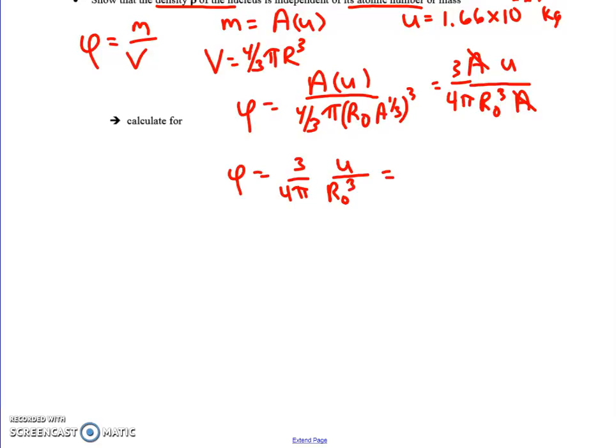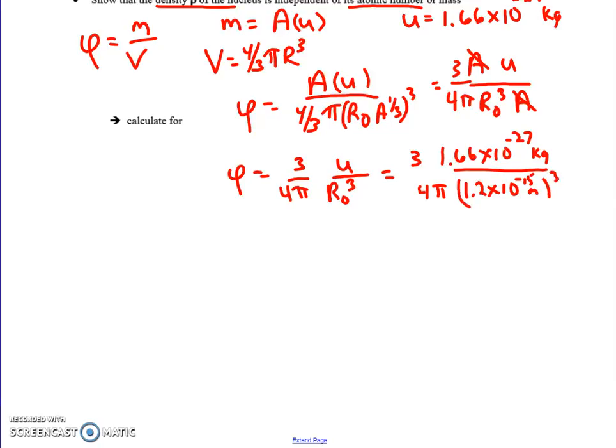Okay, so we can plug in the numbers: 1.66 times 10 to the negative 27 kilograms divided by 4 pi, and our r naught before was 1.2 times 10 to the negative 15th meters, quantity cubed.